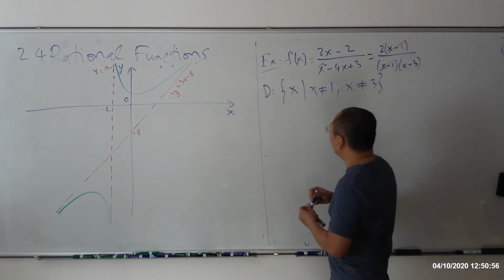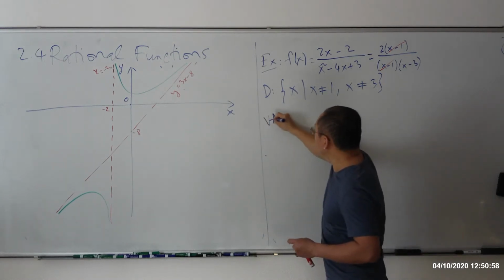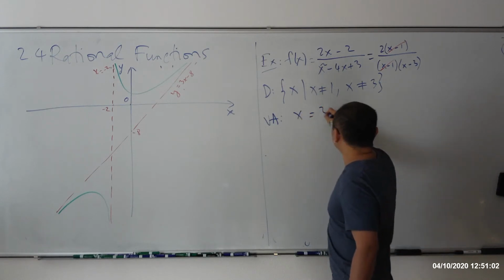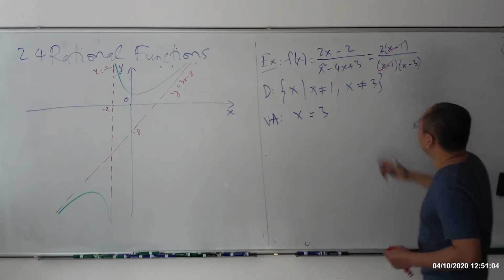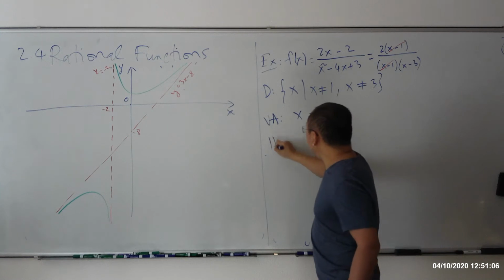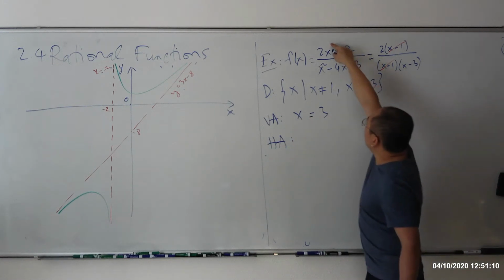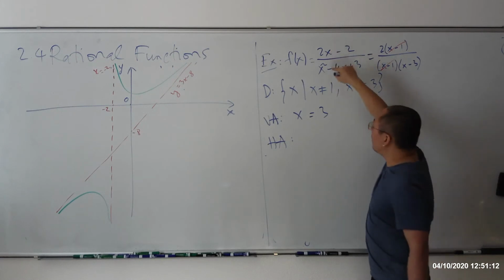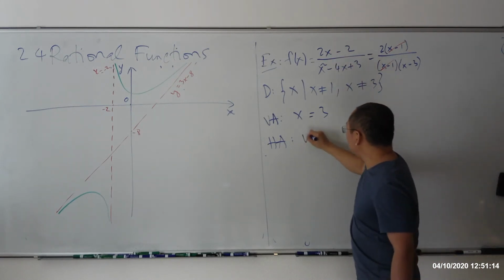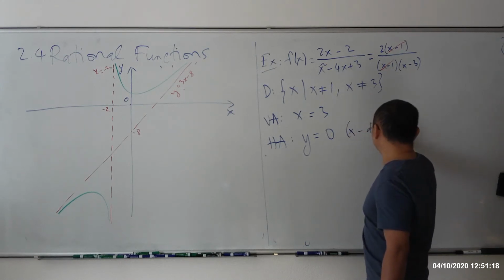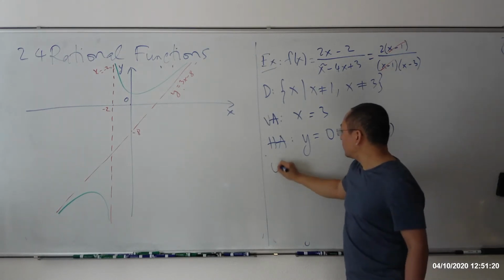We only have one vertical asymptote, x equal to 3. What about the horizontal asymptote? This is degree 1 over degree 2. Numerator is smaller than denominator. Horizontal asymptote is the x-axis, y equal to 0. Okay? And no oblique asymptote.